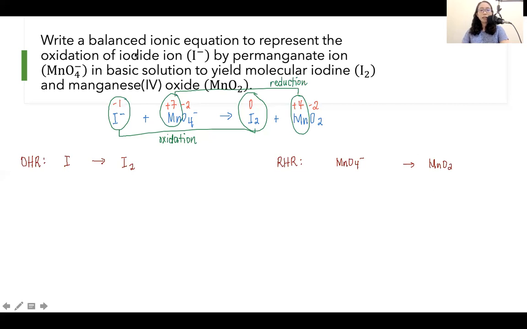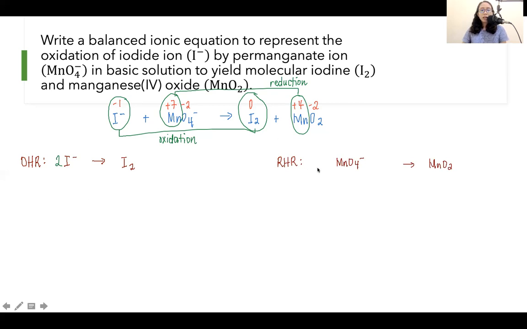So after writing our half reactions, we balance the atoms for each half reaction. Let's go to our oxidation half reaction. In the reactant side, we count only 1 iodine, but in the product side, we count 2 iodines. So we place a coefficient 2 on the reactant.